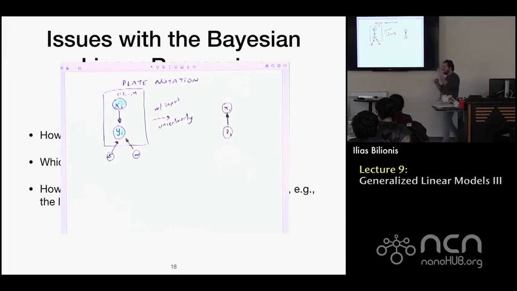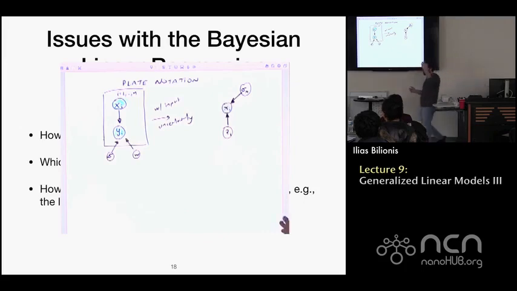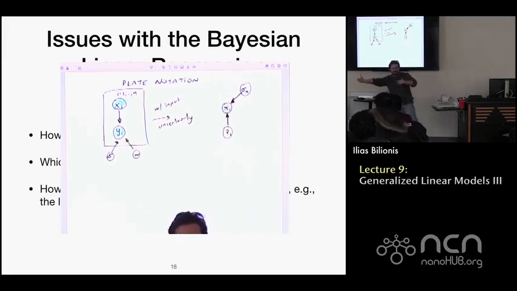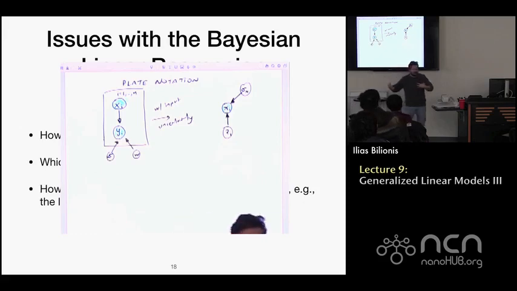That true thing will influence your measurement of x through some noise, let's call it sigma x. So now you have a measurement process for your input variable. Even though you measure x, you don't really measure the hidden variable that gave rise to x. Does that make sense?